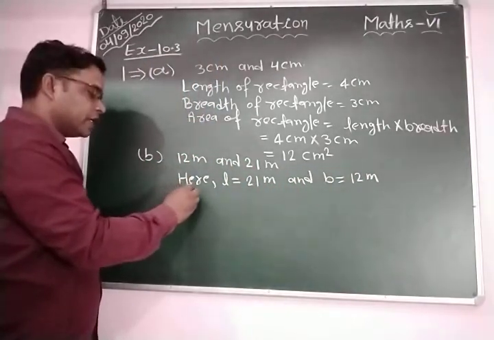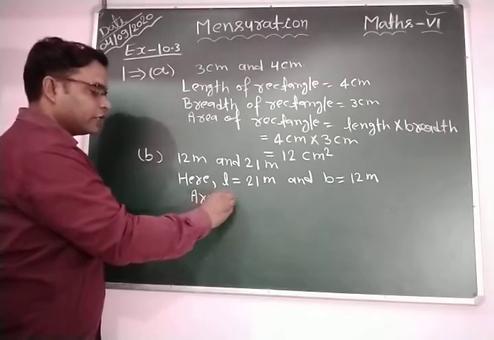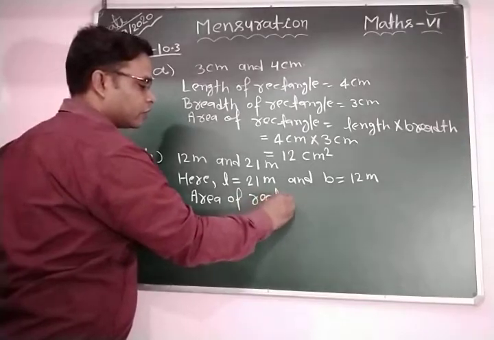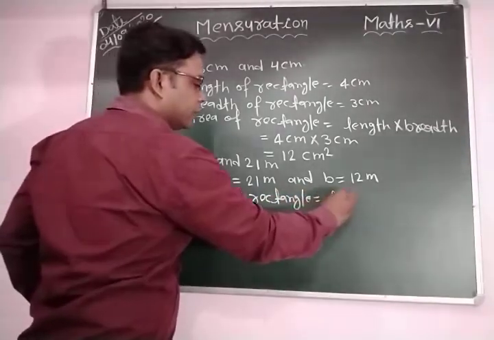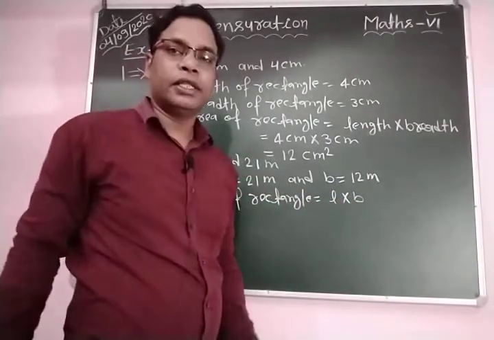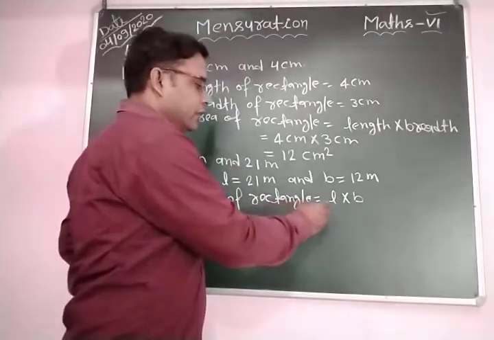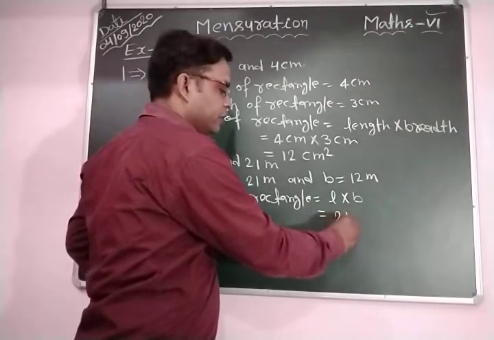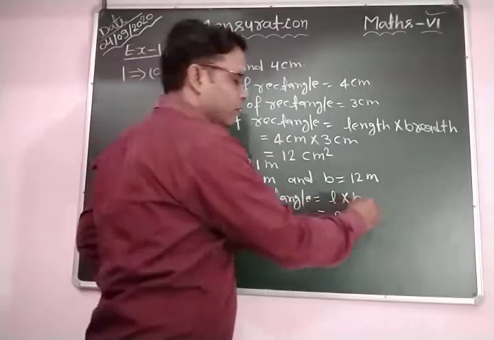Okay, so area of rectangle is equal to length into breadth. Here L represents length and B represents breadth. So length is given here, 21 meter, into breadth, which is also given, 12 meter.